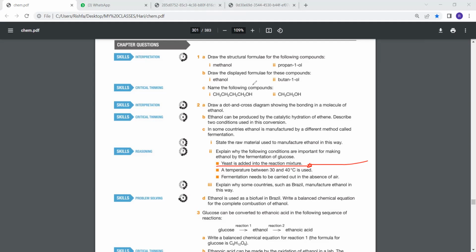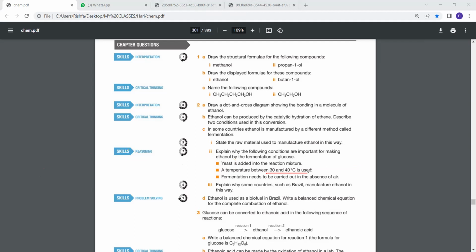What's the main point? Why do we add yeast? It contains the enzymes which can convert glucose to ethanol and CO2, okay? So to supply the enzymes is why we give yeast. Yeast has the enzymes. If you want, take it down. I gave you that point.